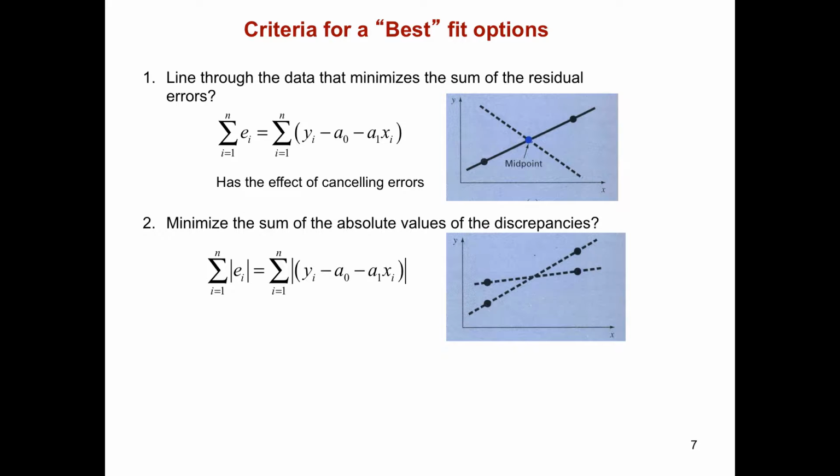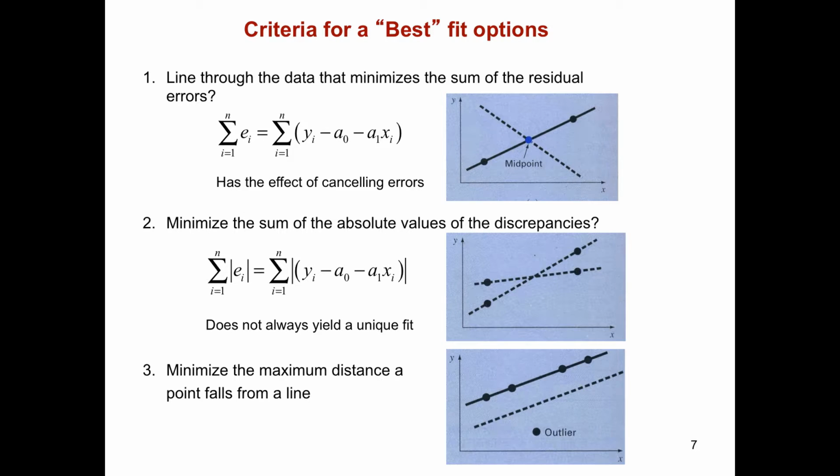What actually works even better is taking the square. The third option would be the maximum distance. I just take the one point that maximizes the distance, and I try to minimize that. But then the problem is that one outlier will drive my entire trend, and I don't want to put that much weight on one point.